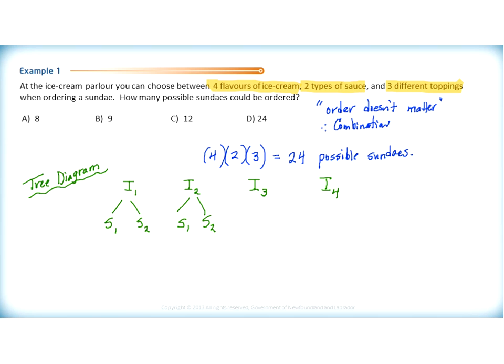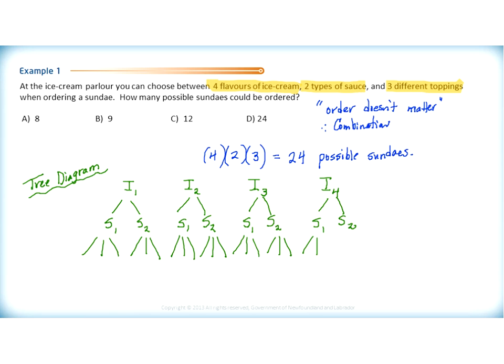S1, S2, S1 and S2, and the same thing for the last one. And then we have 3 different toppings for each one. So you can see how we can represent this information using a tree diagram.